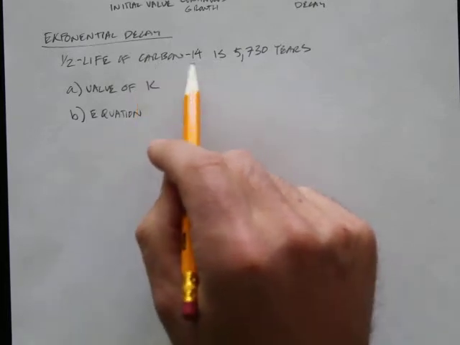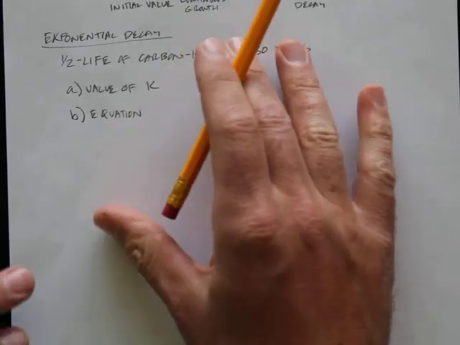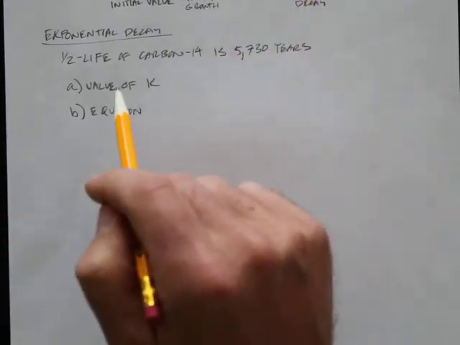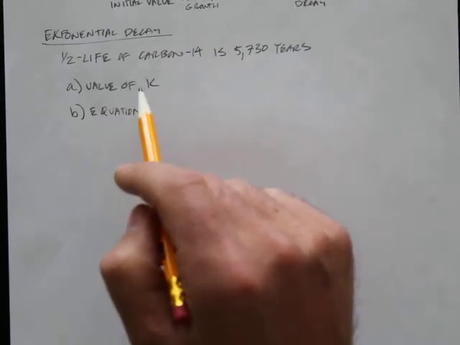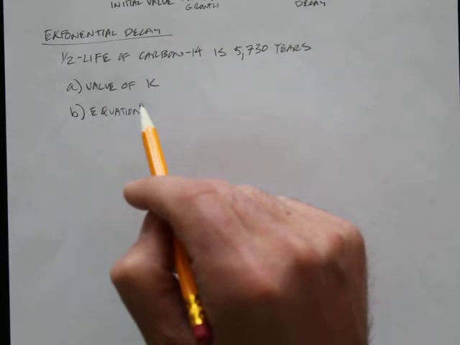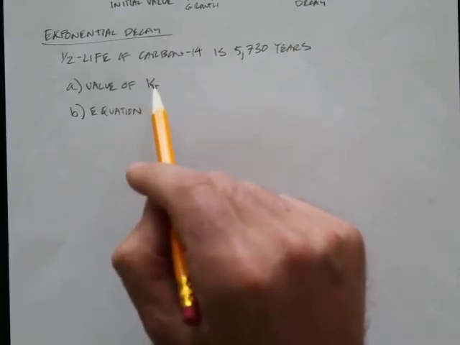How long something has existed, whatever. They use carbon 14 to date like fossils and various things. Okay, so first we're going to start with this equation in order to find k here.